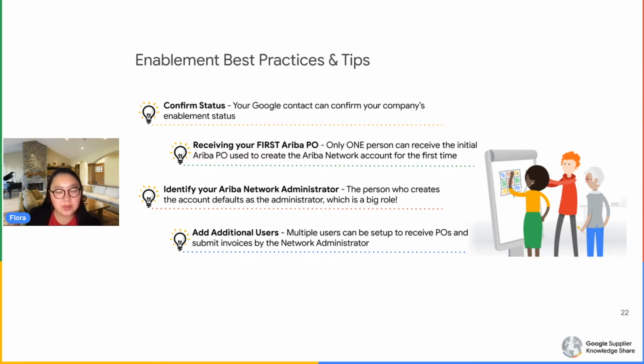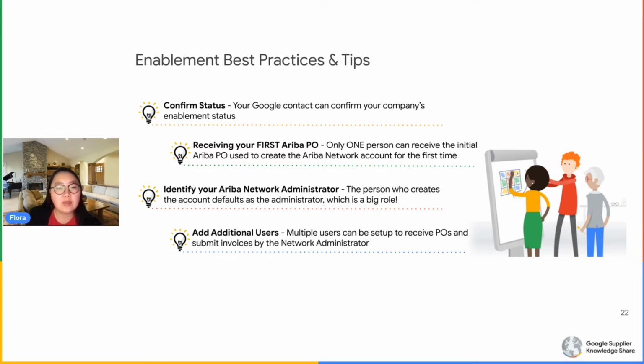The person who first enables will be the system administrator. It's a very important role for that person to create an account, which is defaulted. And you can also submit a service request if your admin moved to another org or another company. Then you can submit a service request with Ariba to change your system admin.